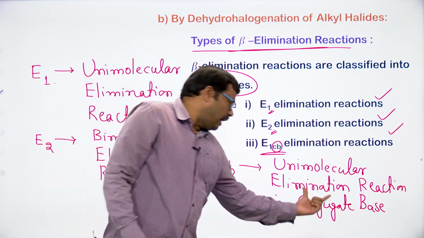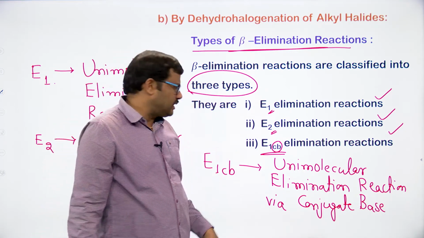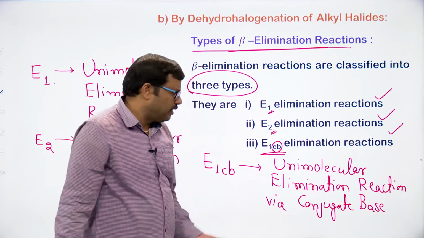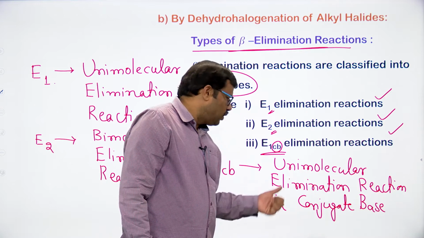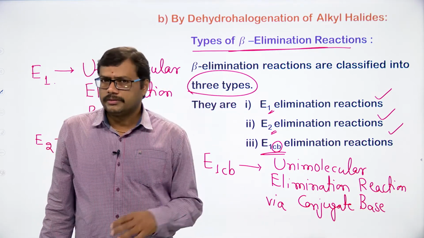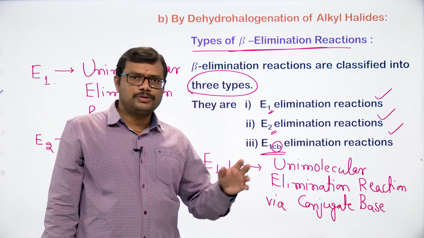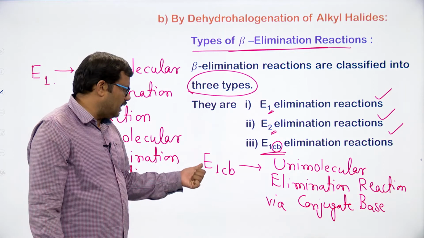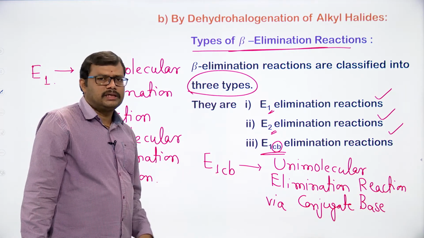Via the conjugate base formation, the elimination reaction takes place, and these reactions have only one molecule in the rate determining step. Therefore, they are called unimolecular elimination reactions via conjugate base, and they are represented as E1CB, with CB as a subscript.